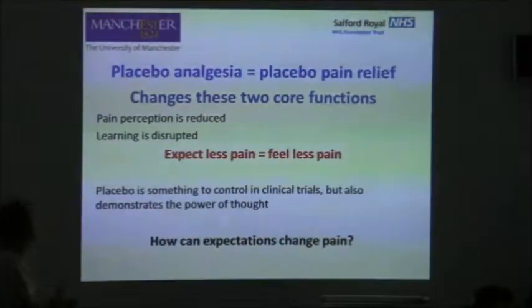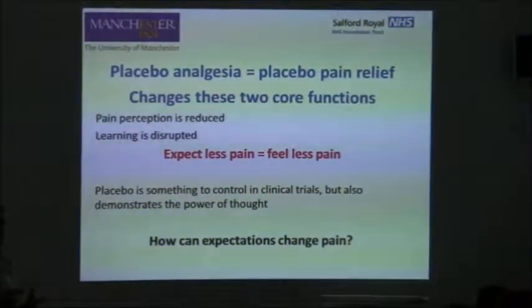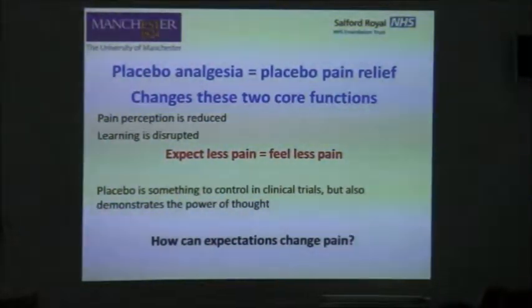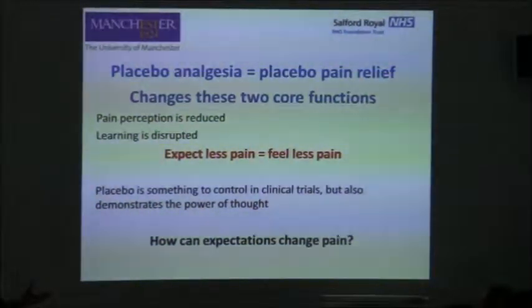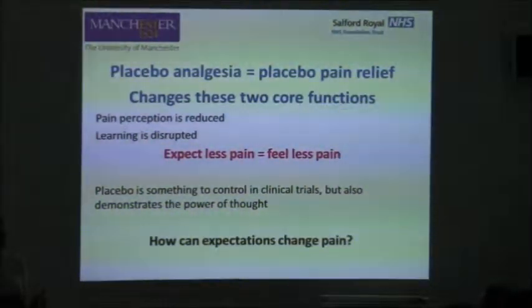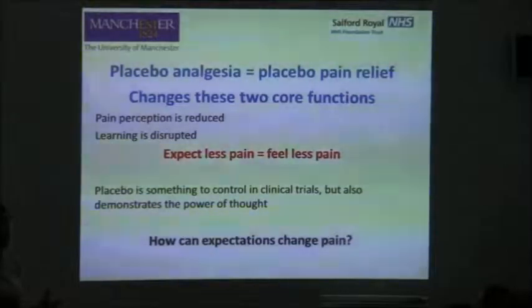So two really important functions of the brain, learning and pain. And placebo analgesia actually somehow changes both of these core functions. So when I'm talking about placebo analgesia, I'm talking about believing that you've had a pain-relieving medication and actually experiencing the pain as less because of this.